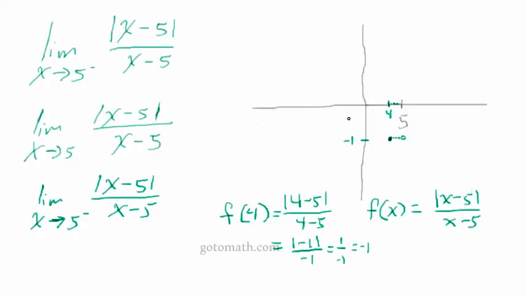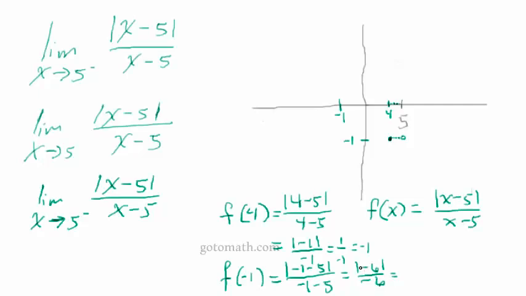So no matter what you plug in going in this direction, well, let's see. If we plugged in, for example, negative 1 into here. F of negative 1, you get the absolute value of negative 1 minus 5 over negative 1 minus 5. So this becomes what? Negative 6. The absolute value of negative 6 over negative 6.